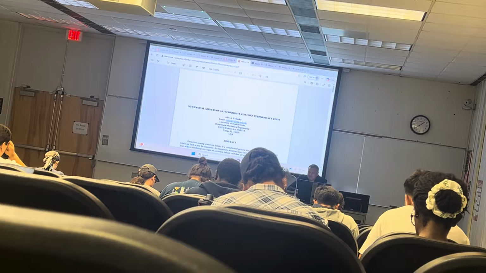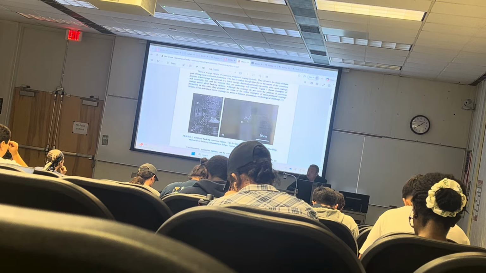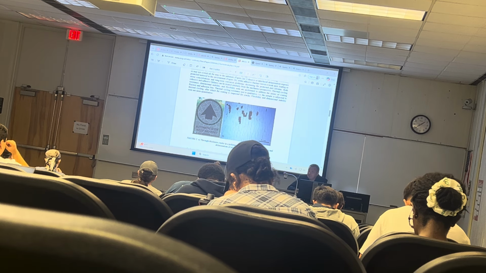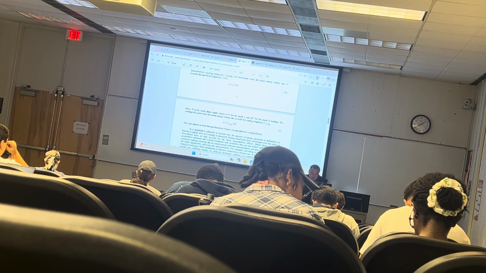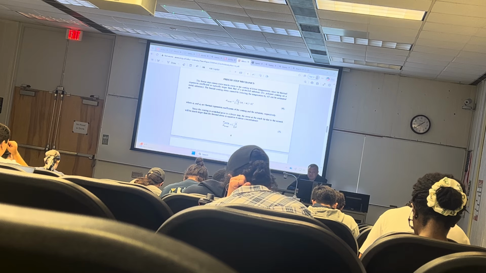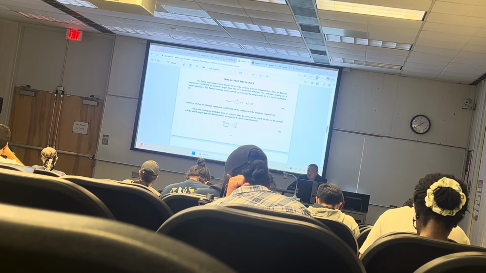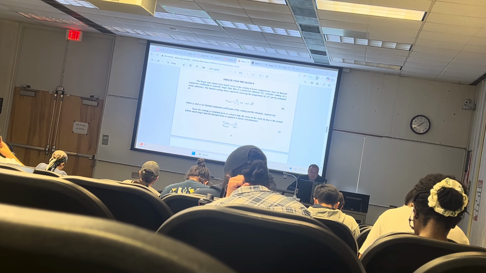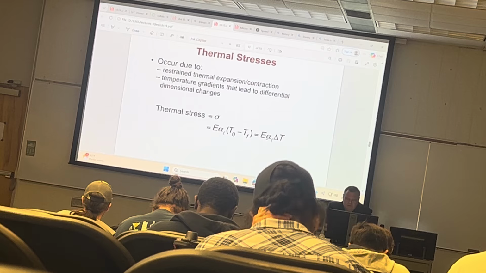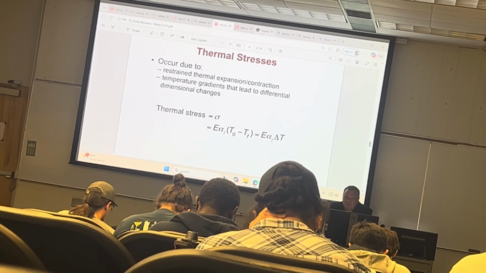Mechanical aspects of anti-corrosive coatings performance tests. Coating fails. Can fail like this, can be failing with delamination. Thermal stress is equal to modulus times the thermal expansion coefficient times delta T. Is this the same formula as this? E times alpha delta T. Pretty much, right?